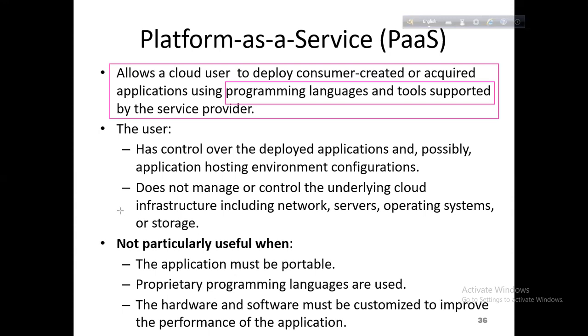Here, the user, we, have control over the deployed applications and possible application hosting environment configuration. So we now have control over our applications because we developed and built them. Also, depending on our requirements, we may have control over the hosting environment, where we want to host, and so on.